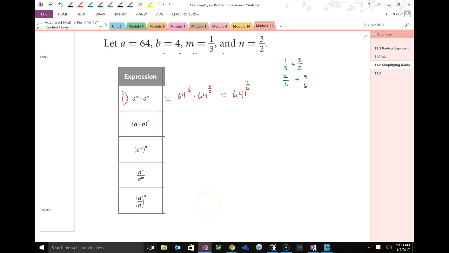Now can I simplify this? So we're thinking the 6th root of 64, which Faith said was 2. And she must know what 2 to the 11th power is also. Okay, you can use a calculator for that part.